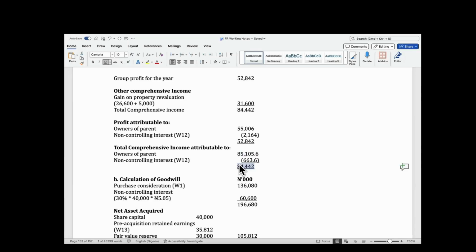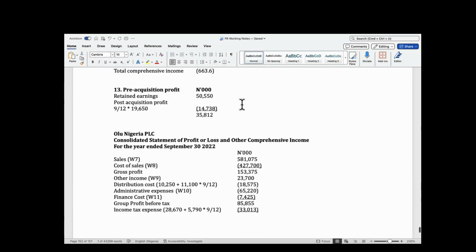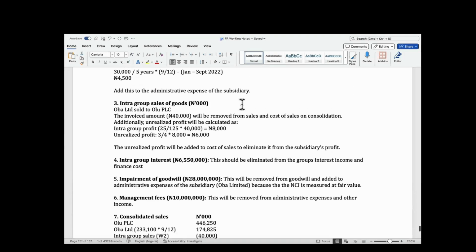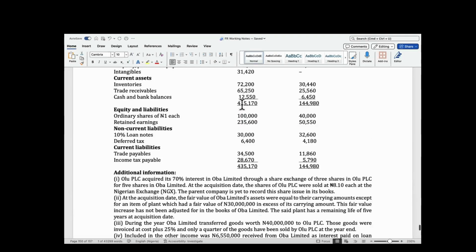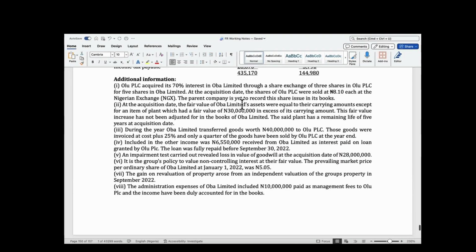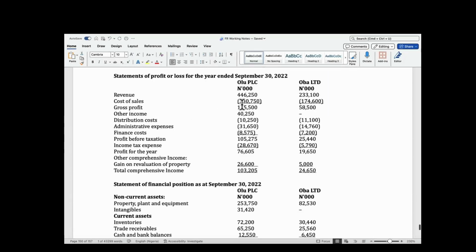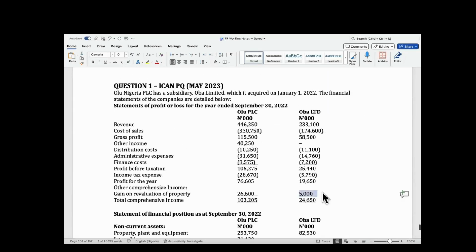But there's something I need to bring to your attention. Looking at this 5,000, I saw that we did not do 9/12 of this, because this 5,000 is that of the parent. I think that's a mistake from me. This 5,000, where is it?